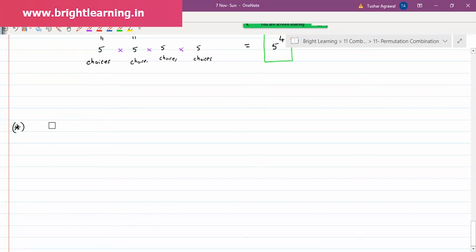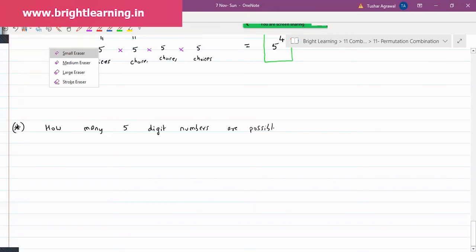Or let's say, how many 5-digit numbers are possible out of the digits 1, 2, 3, 6, 7, 8, 9.